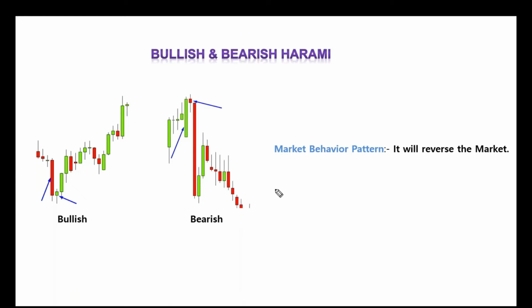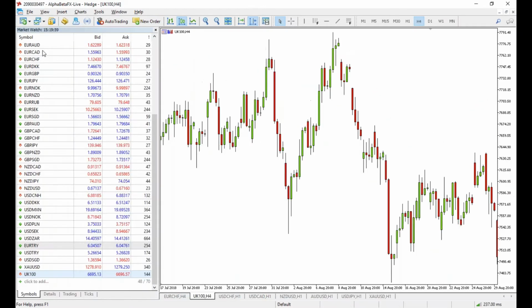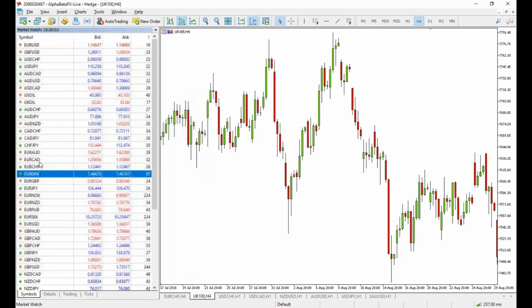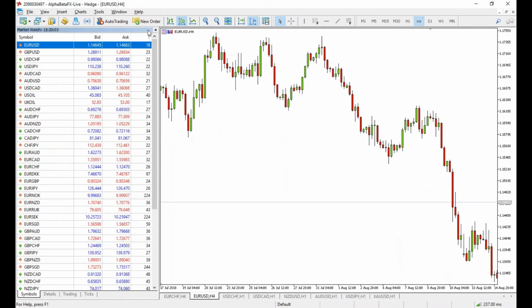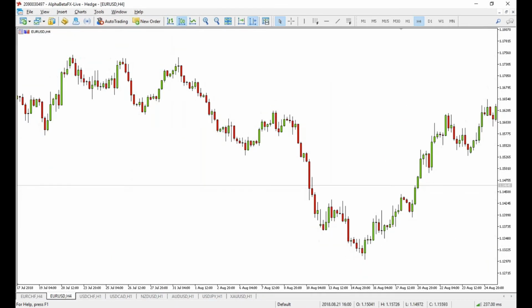It covers a long-term distance for the market. Let's find this in our MT5. Let's continue with our forex chart. Here is EUR/USD, and we'll try to find our bullish and bearish harami candles.